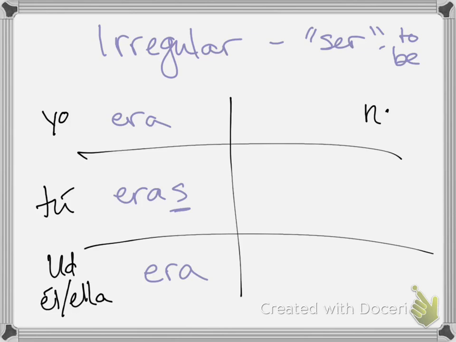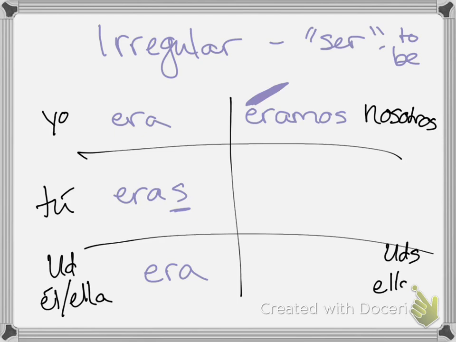Nosotros is going to be a little bit special. Nosotros, porque we are going to change our emphasis, right? We don't want to say eramos, we want to say éramos. Ooh, look at that tilde. I hope that you can see it well enough to copy it down. Éramos. Nosotros éramos pequeños. We were little.